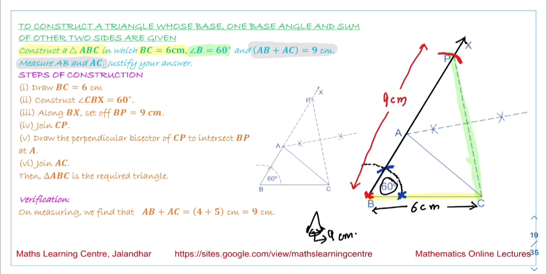To draw the perpendicular bisector of a line, we have seen in our first result that we will keep the compass at point C and mark 2 arcs over here, one is this arc and second is this arc. Second, we will keep the compass at point P and mark 2 arcs over here, one is this arc and second is this arc. When we join these points, we are getting this line over here.